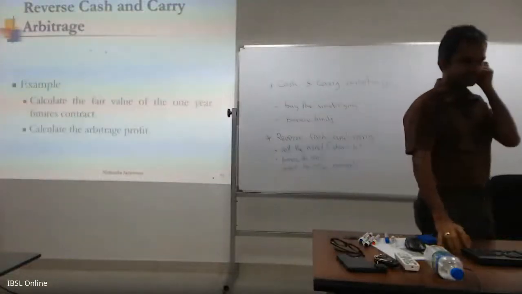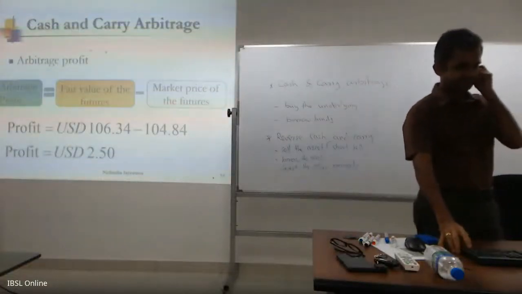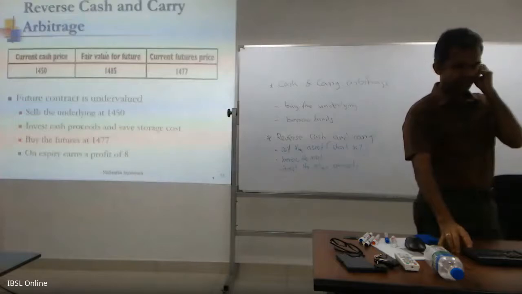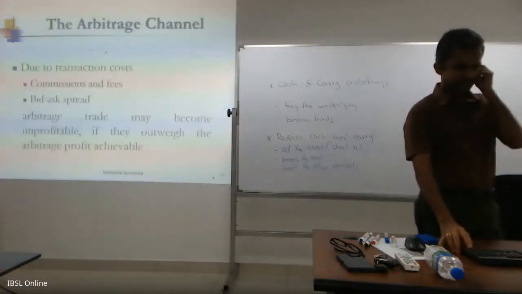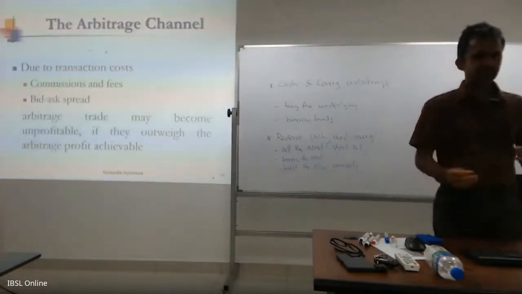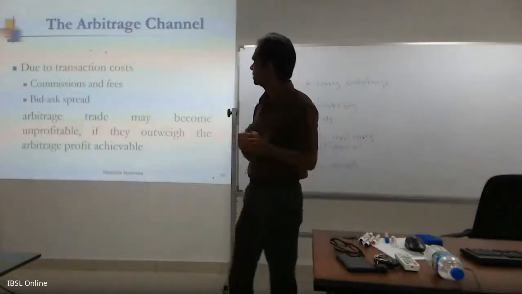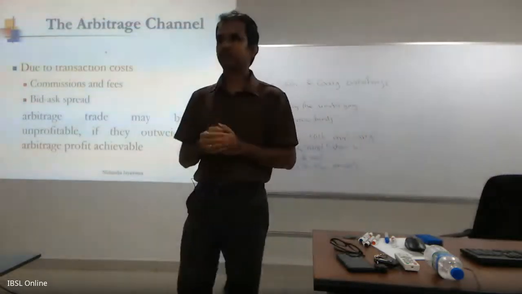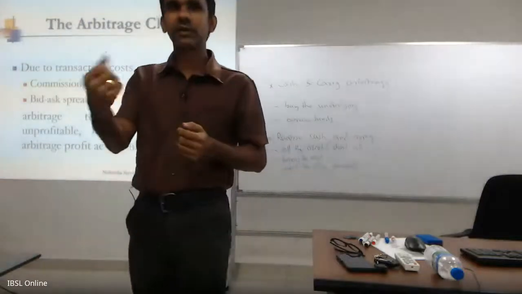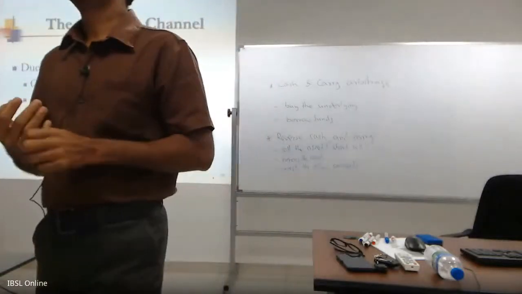So that's it. Then at the end, as I mentioned, it's not easy. There may be other factors. There may be transaction costs. When you buy the asset, you have to pay a commission, even for futures.